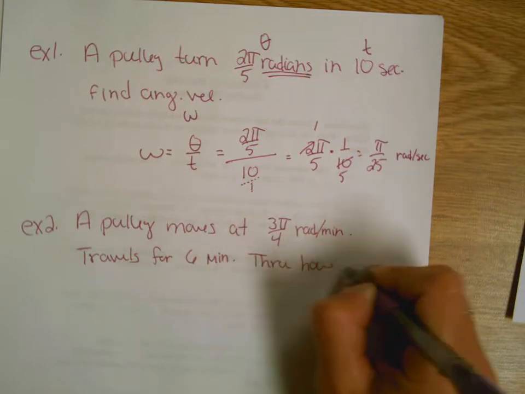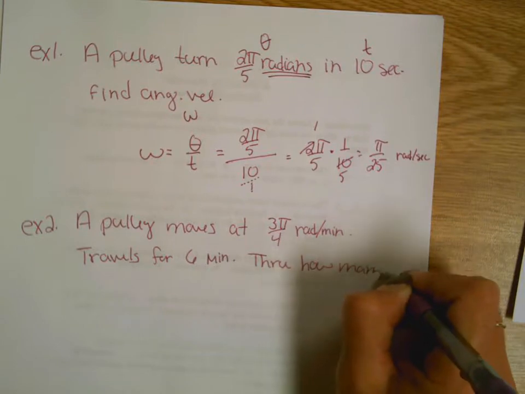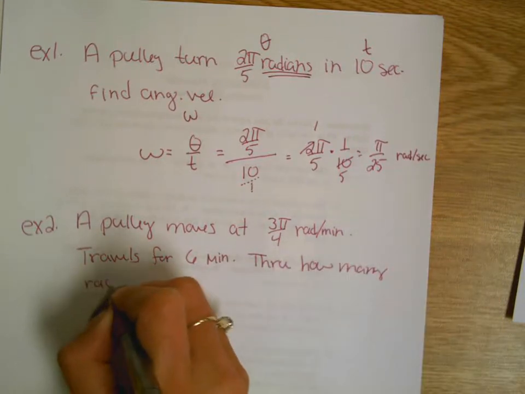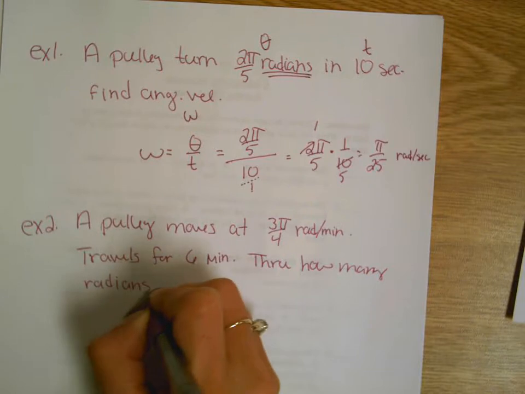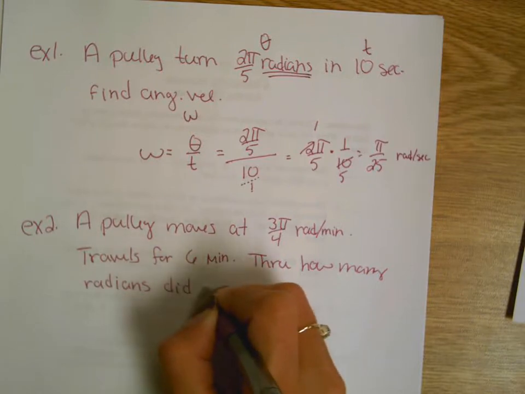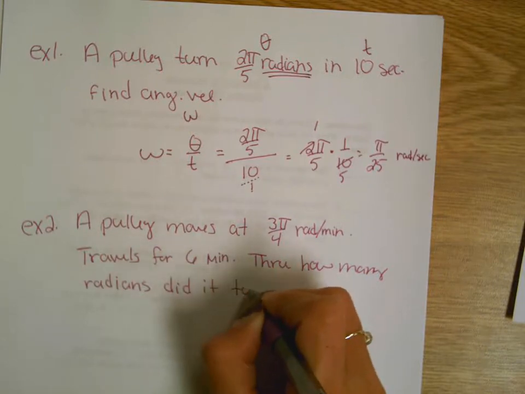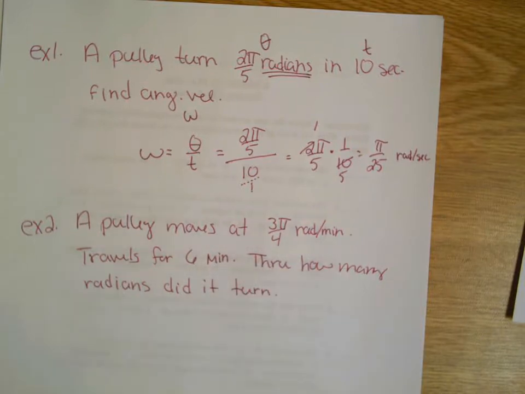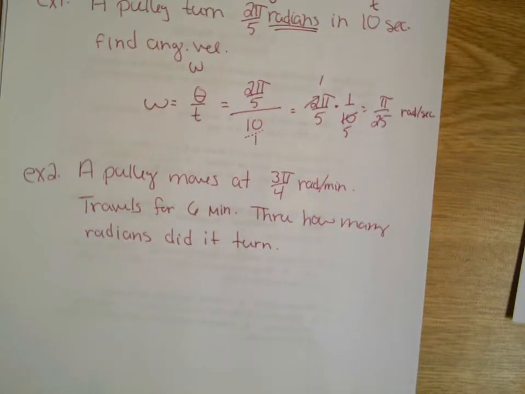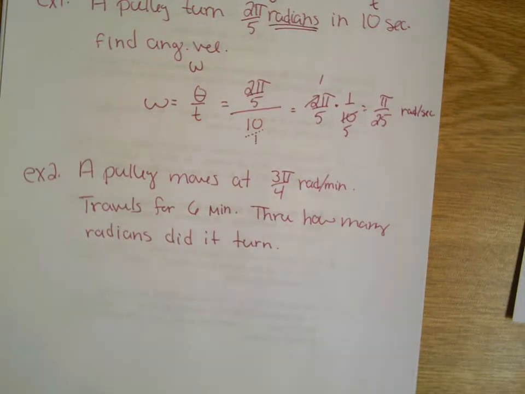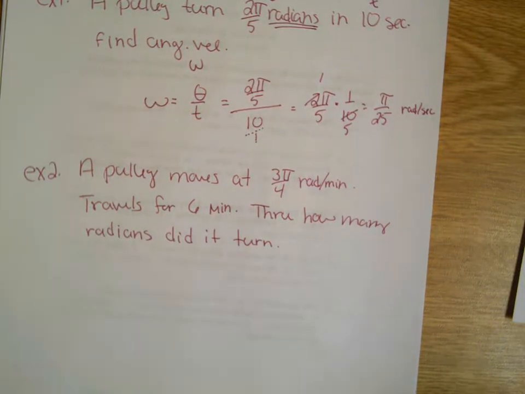Through how many radians did it turn? Okay, so you see something spinning for 6 minutes. We want to know how many radians it passed through, because every time it makes one full rotation, that's 2 pi. So we want to be able to figure out how many radians it went through.